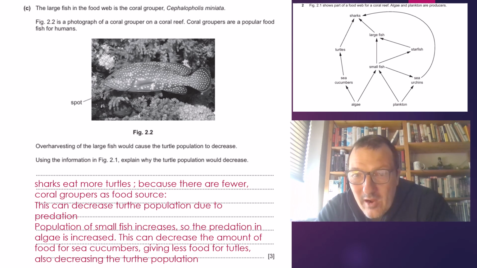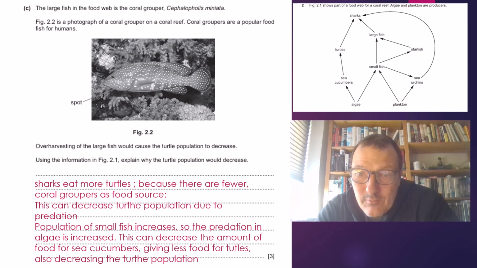Also, when there are fewer of the large fish, in this case here, the coral grouper, well, then predation on the small fish will go down. As a population of small fish increases, they will feed more on the algae. When they feed more on the algae, there will be less algae for the sea cucumbers, and again, with fewer sea cucumbers, there will be less food available for the turtles, which could also, due to lack of food, reduce the amount of turtles.